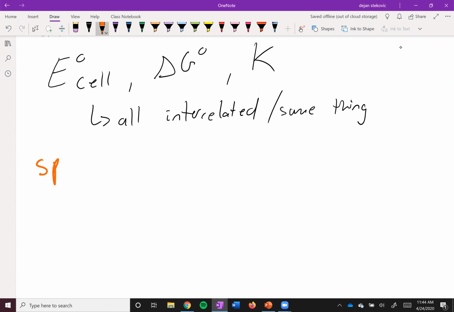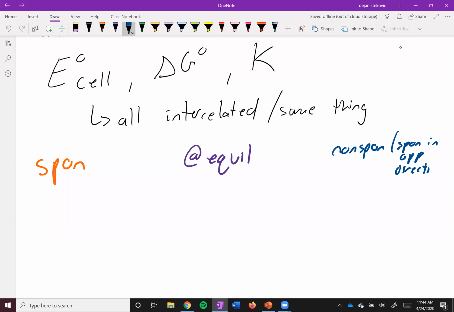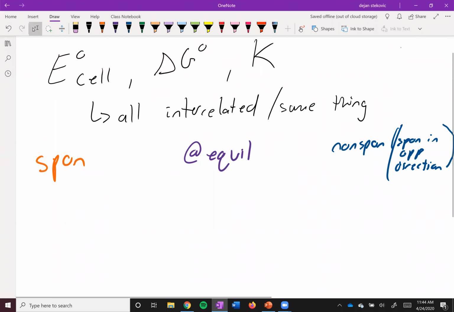So we'll have spontaneous over here, at equilibrium over here, and then non-spontaneous here. And remember, non-spontaneous means basically spontaneous in the opposite direction. If we think about delta G for a spontaneous reaction, that has to be a negative number.